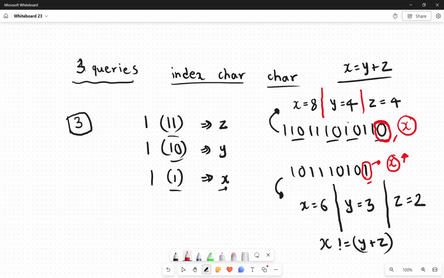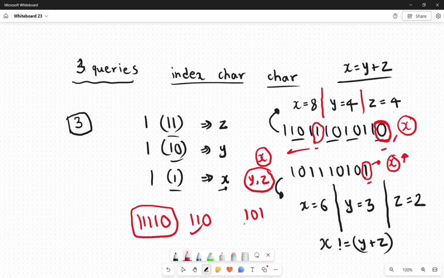What I'm saying is that every character 1 before the last character increments x and one of y or z as well. You can take many examples like 110, 101, 11110. The 1 which does not appear at the last index contributes towards x and one of y or z.